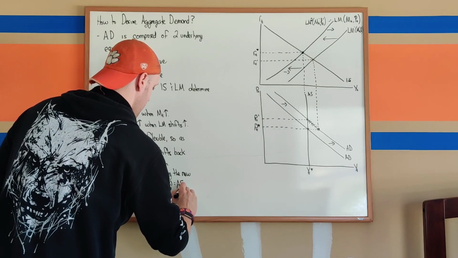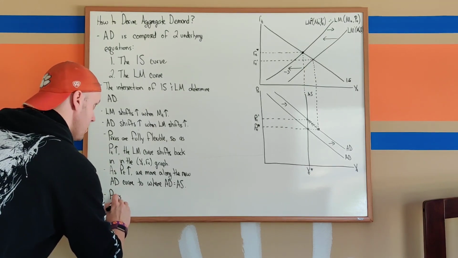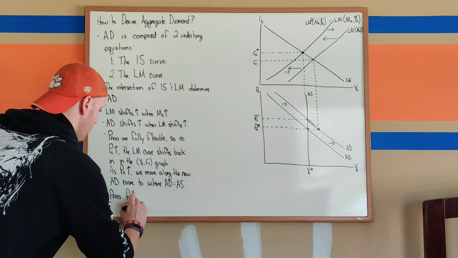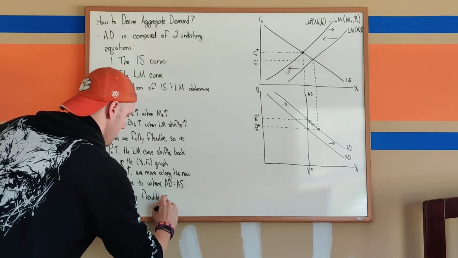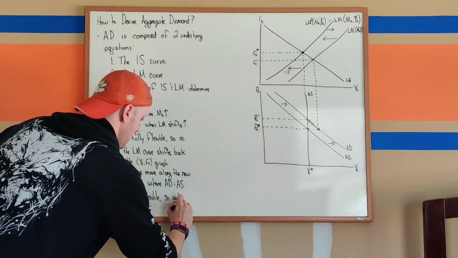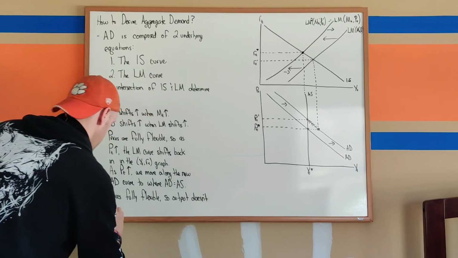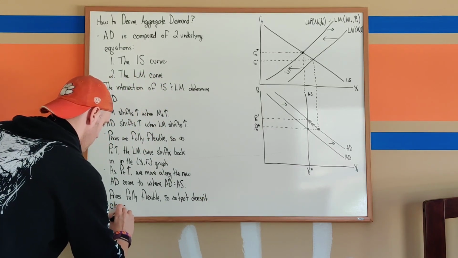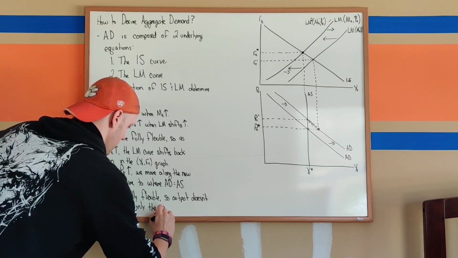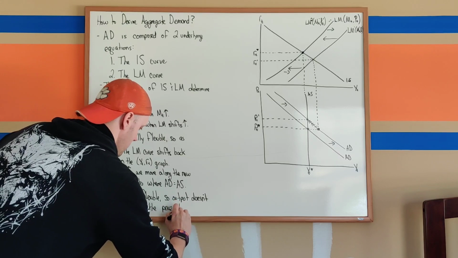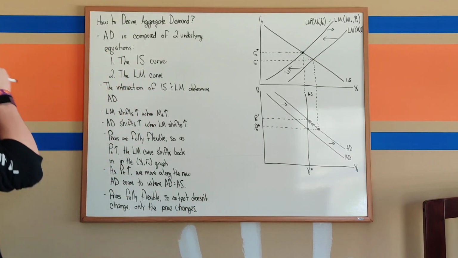So where aggregate demand equals aggregate supply. Prices were fully flexible. Meaning output doesn't change, only the price changes.